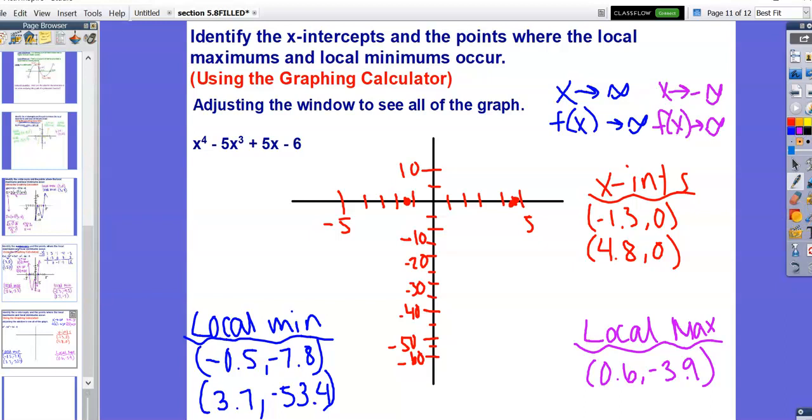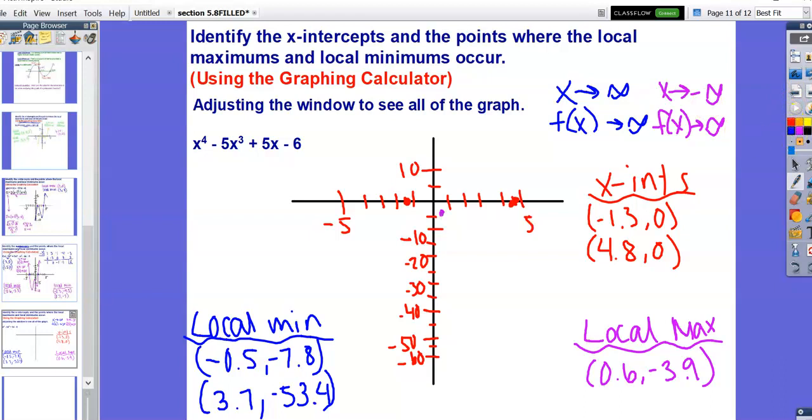All right, and then our local maximum, it was 0.6, -3.9, so we're going to go about halfway in between 0 and 1 for x, and then close to -5 for the y value. Our scale is bigger, so it's harder to be more accurate, but as long as you're getting pretty close, you're doing okay.